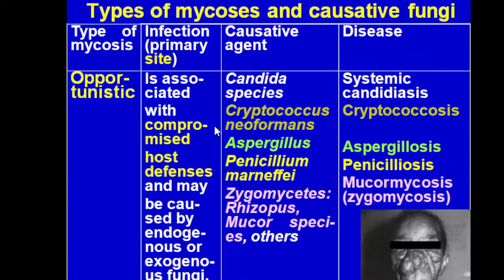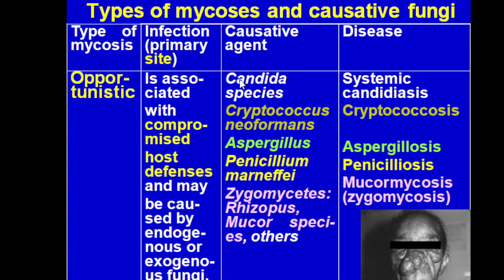And the last one is the group of opportunistic mycosis, and it is associated with immunocompromission, and they may be both exogenous and endogenous. For example, if the one inhale the spores of Aspergillus or Penicillium that live as saprophytes, they will be exogenous fungal opportunistic infection.